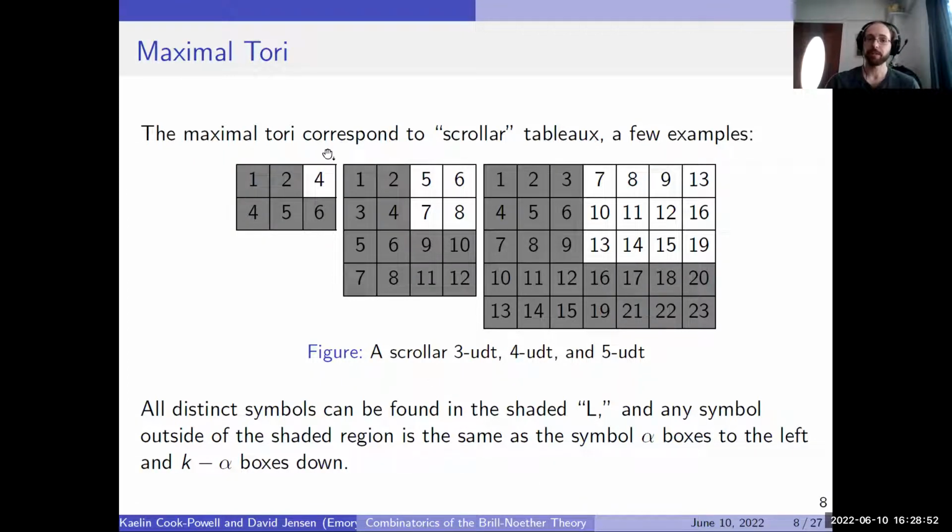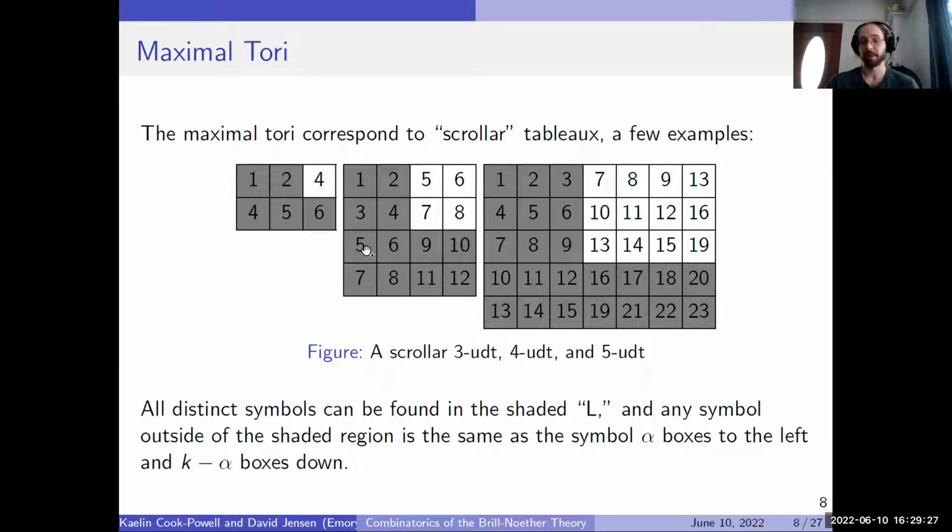If you were to look at all of the symbols that appear in the tableau, well, every distinct symbol that appears can be found in this L-shaded region. And not only can it be found in the L-shaded region, there's also a particular move. I can move over some number of boxes and some number of boxes up to find that same symbol repeated. And that's uniform among every symbol.